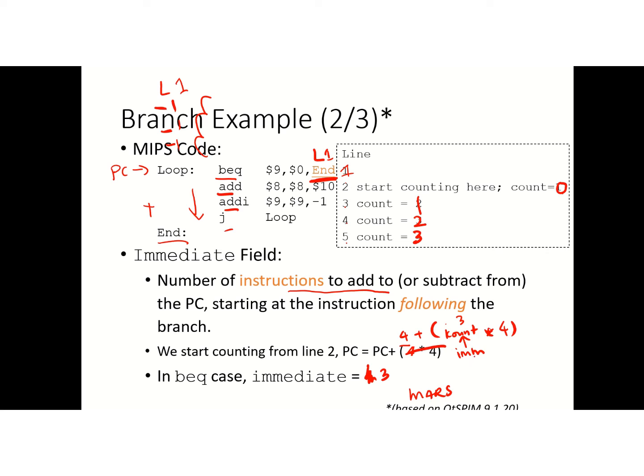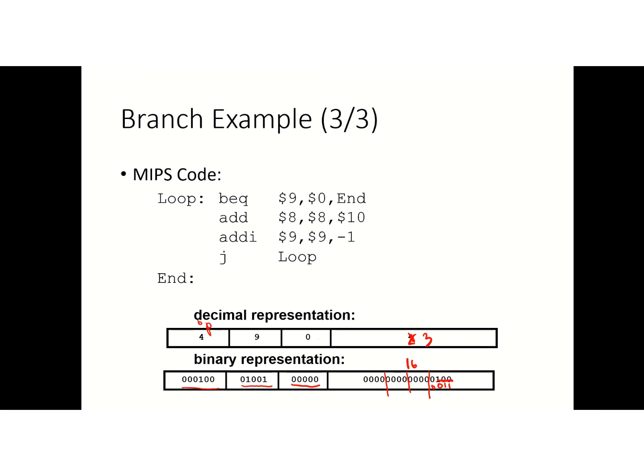So this depends on the count itself. The immediate can be a negative number, so you need to do some 2's complement. Negative 3 must be changed into a 2's complement.